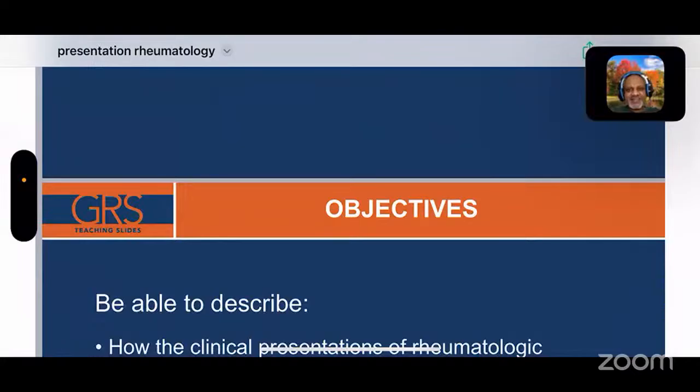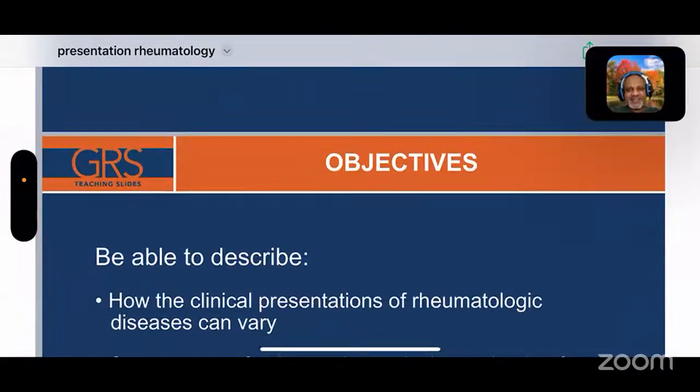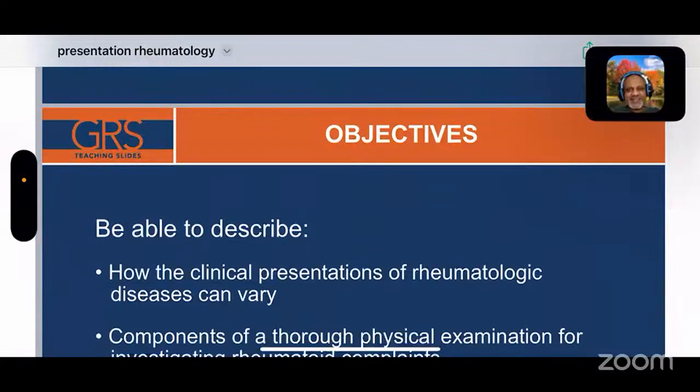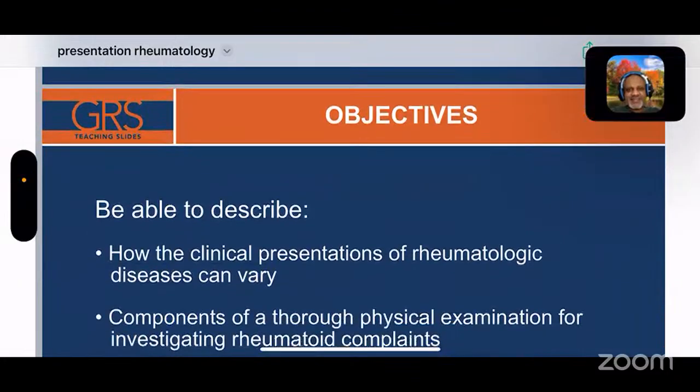So let's start with osteoarthritis. A quick overview about osteoarthritis. It is the principal cause of knee, hip, and back pain in older adults, and the most common source of chronic pain is mostly osteoarthritis. But we must keep in mind to avoid the reflexive conclusion that all joint pain in older adults is the result of osteoarthritis.